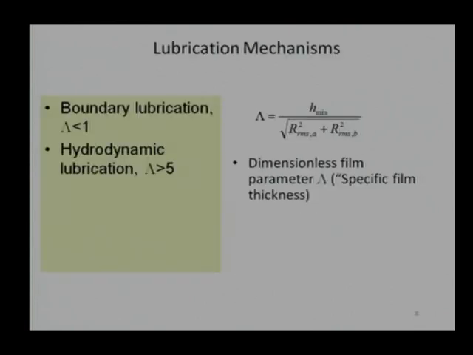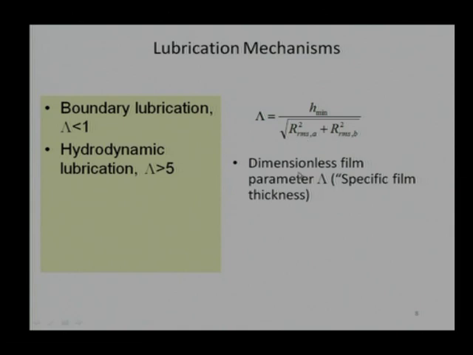For convenience, we can relate all this lubrication mechanism with one parameter, it is called lambda or capital lambda, as it was mentioned in the second lecture. This lambda is a ratio of film thickness by composite surface roughness.